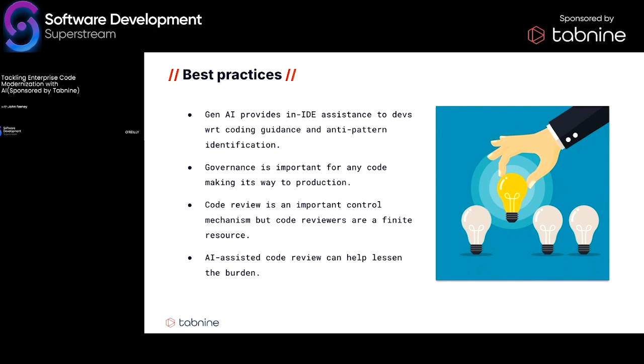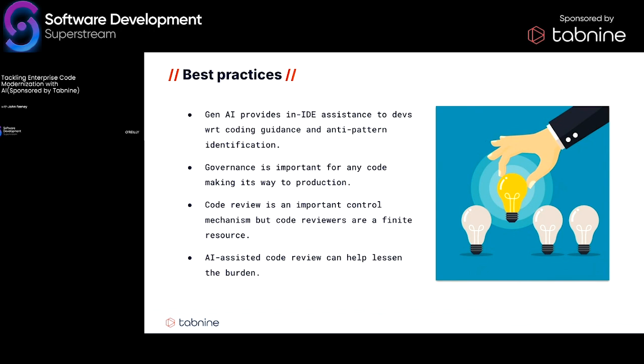And they're already very busy reviewing human generated code. The last thing we want to do is bombard them with all of this AI generated code as well, and effectively DDoS our code reviewers, right? So what we want to do here is really try to lessen the burden on our code reviewers.